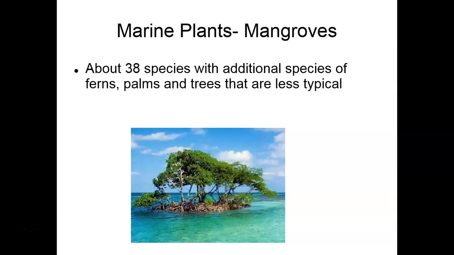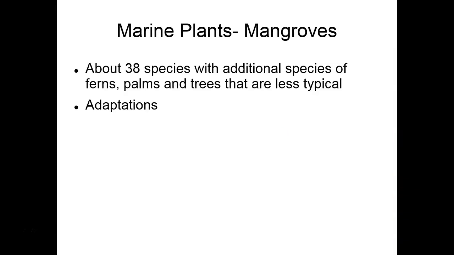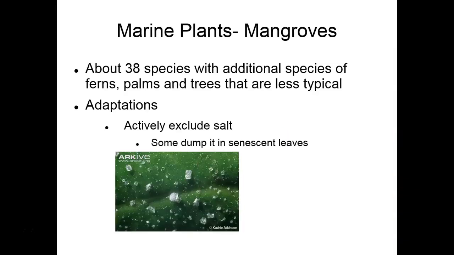Okay, so mangroves, there are about 38 species that exist, and they have some adaptations for living in the marine environment. One, they actively exclude salt. So they're basically getting rid of excess salt that is in their tissues from the salt water that they are using to get the water.